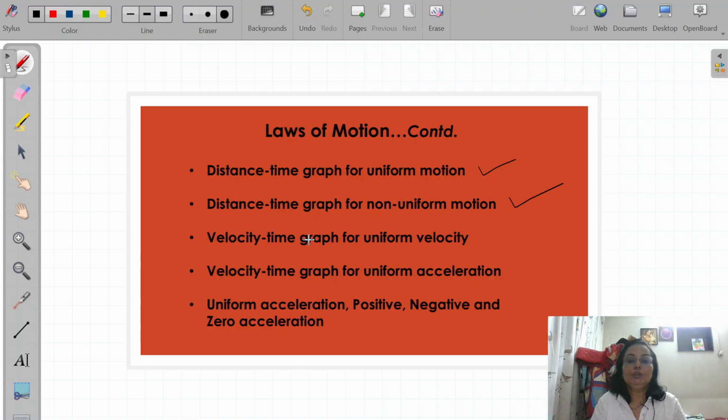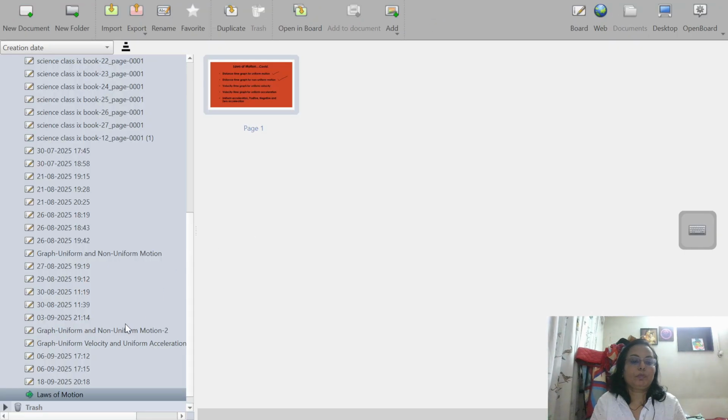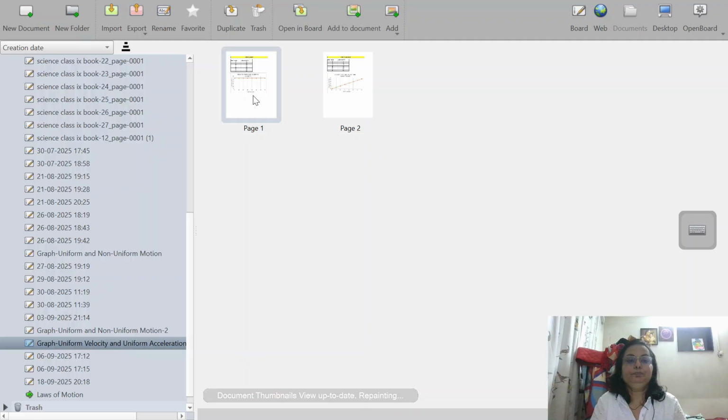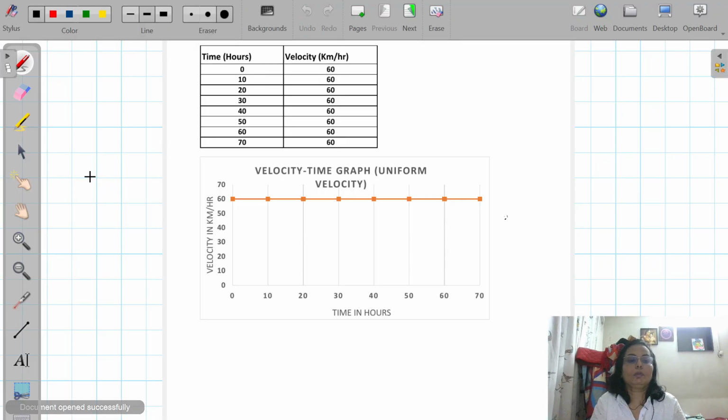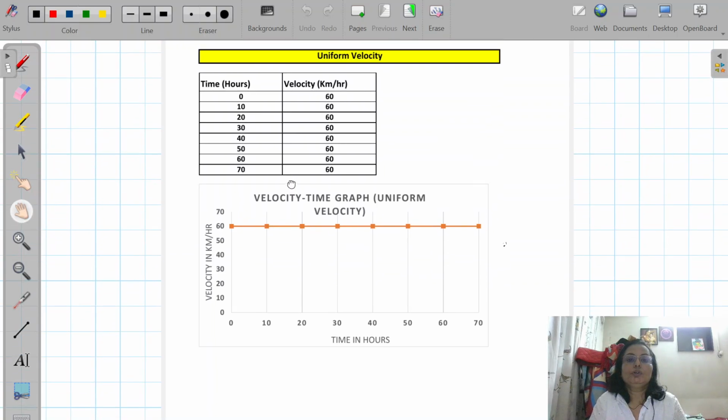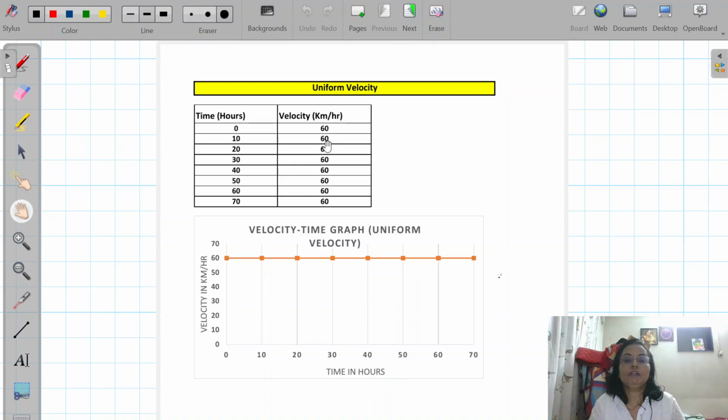Earlier, in the first two graphs, we have taken distance time. Now we are going to take velocity time. So if an object is moving with a constant velocity or uniform velocity, if we see this table, in every 10 hours, the train is traveling at a speed of 60 km per hour.